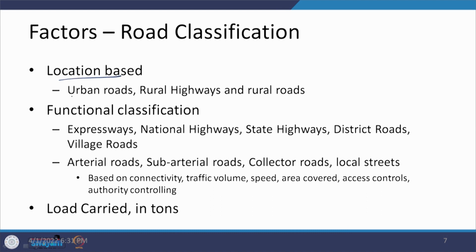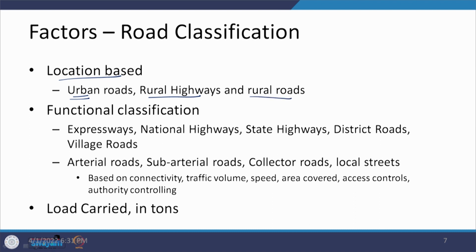Now, when you come to the classification of roads, there are different ways in which roads can be classified. So, we are now starting with the road based factors. The first one can be location based. If they are provided in an urban area, we classify them as urban roads. If we are providing them in rural areas, then they can be rural highways or rural roads.